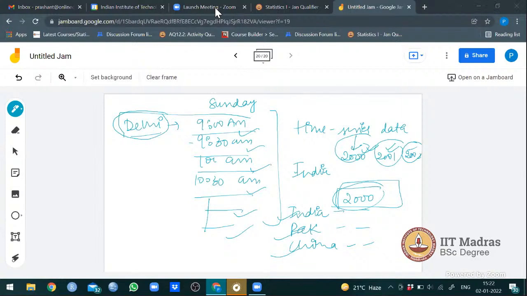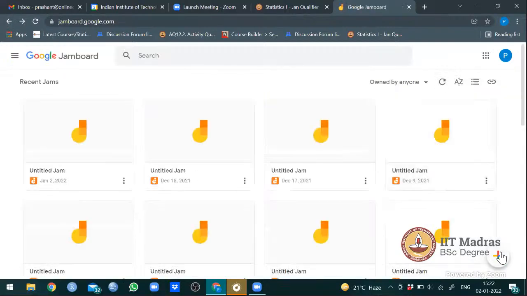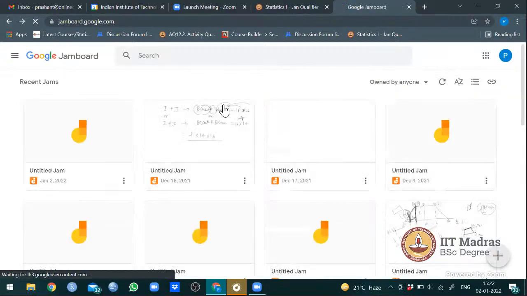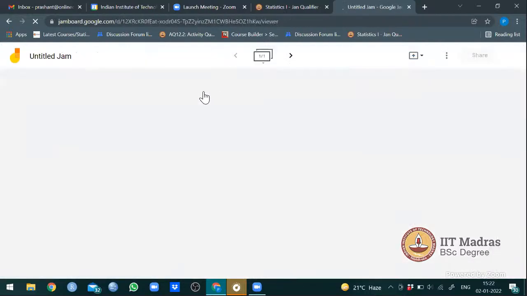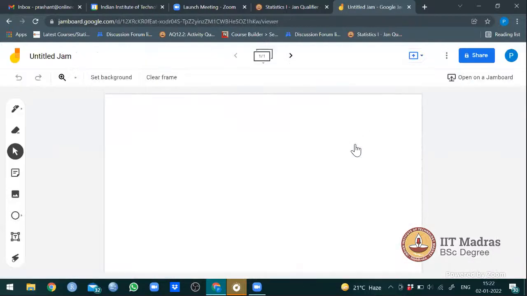Next, I think Rabi has a doubt. Sir, if the difference is not the same, is this time series data or cross-sectional data?